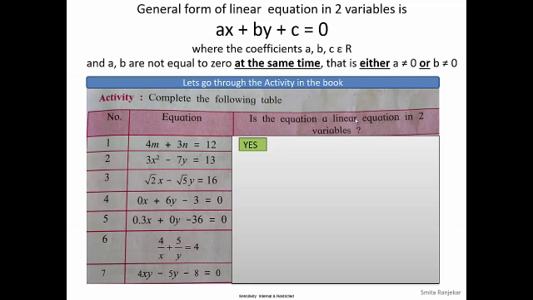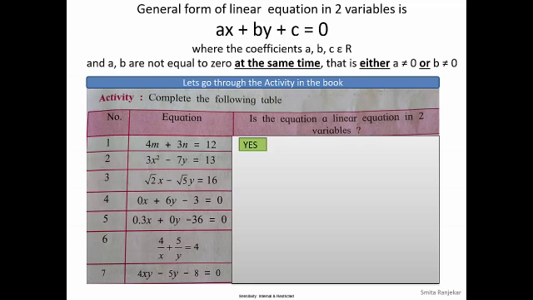First one is 4m plus 3n is equal to 12. Answer is written in the textbook, yes. Why? Because the degree of m and n is equal to 1 as well as 4, 3 and 12 are the members of the set of real numbers. So both the conditions are satisfied.